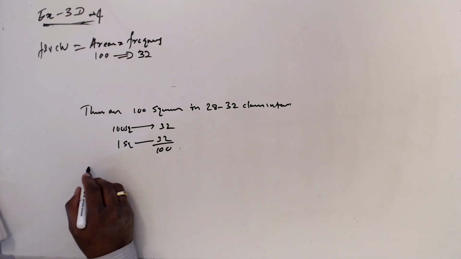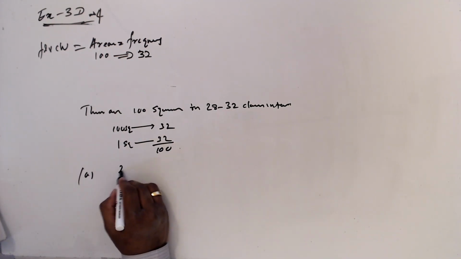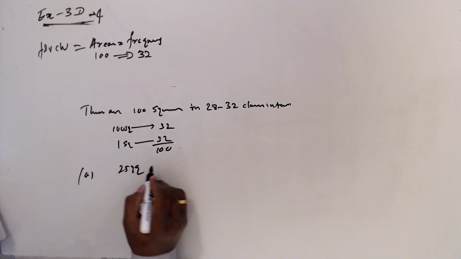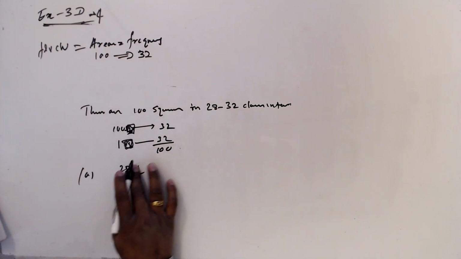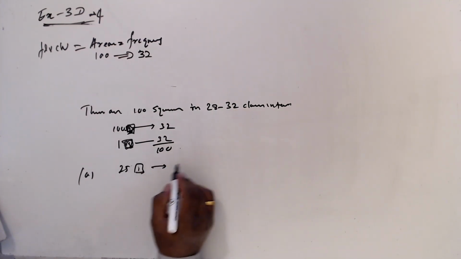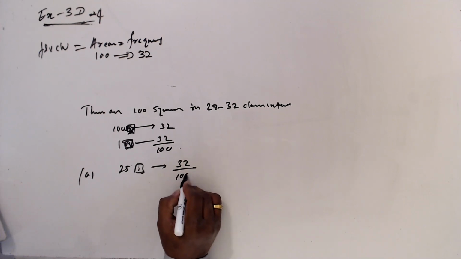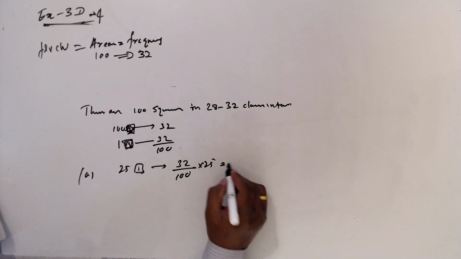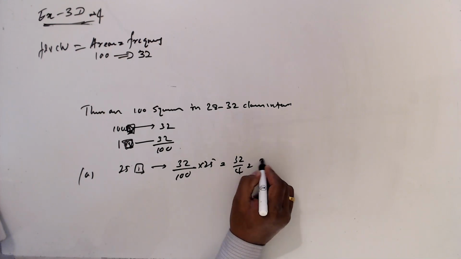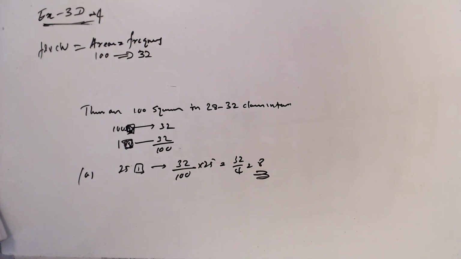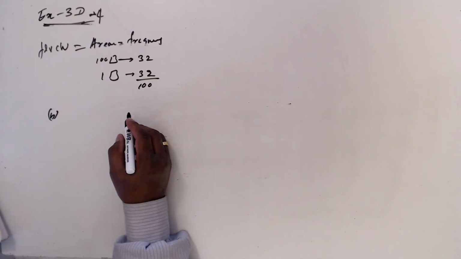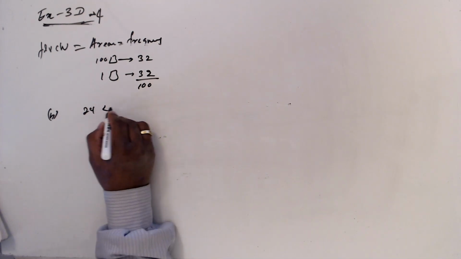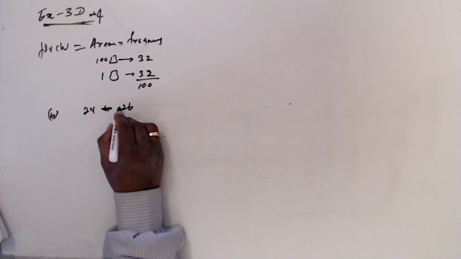Now part A, 25 small boxes. I will say boxes, it is more practical. They represent 32 divided by 100 multiplied by 25, which means 32 divided by 4, 8. So part B, find the frequency of 24 to 26.